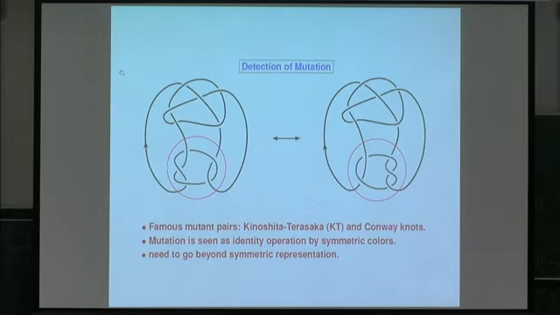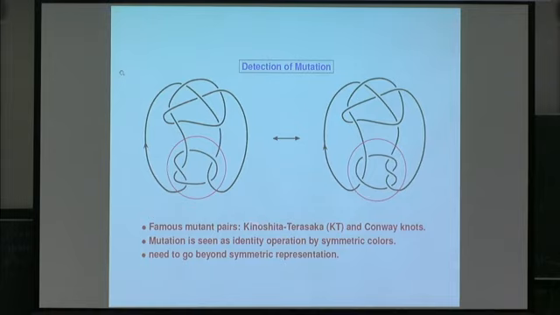so far I have given you a flavor of what arborescent knots are, how the prescription of writing knot invariants works, and we could work out the knot invariants for symmetric colored representations. So mutation, as a circle region, you could do a rotation about an axis, the y-axis, and these two are mutant pairs. That's the mutation operation. So the famous mutant pair starts from 11 crossings.